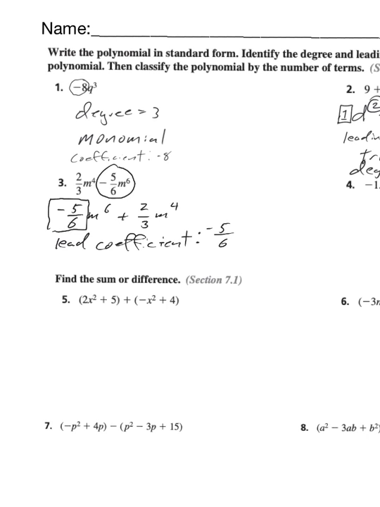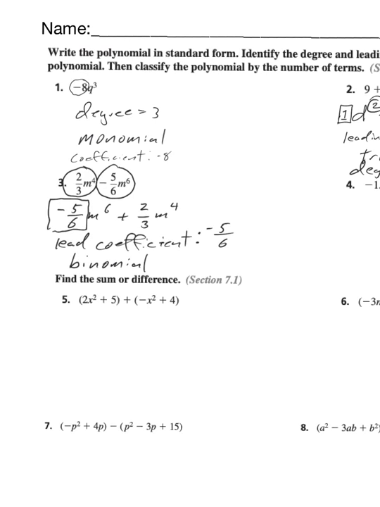There's only two terms. Remember that the terms are separated by plus signs or minus signs that are not inside parentheses. So this is actually just two terms. And two terms, like two wheels, we use the prefix bi. So in this case, it's going to be a binomial.